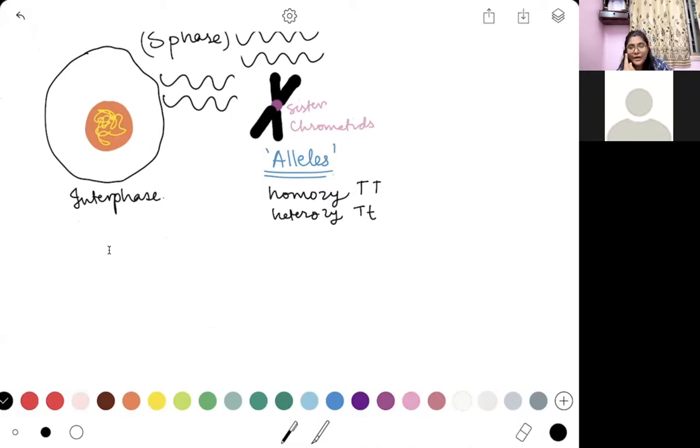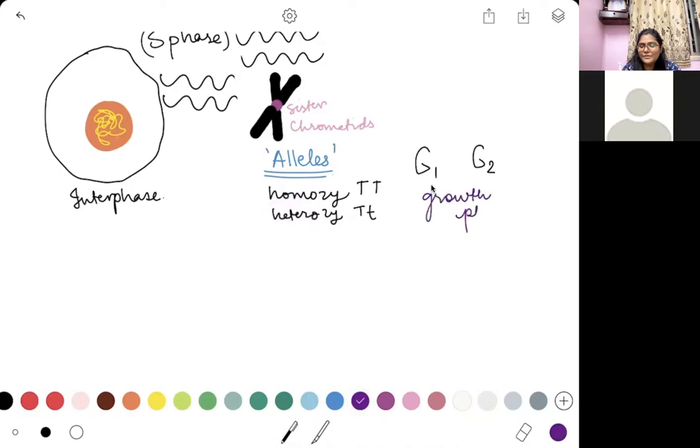Now once you understand that this is what your cell is undertaking, once it has decided to undergo the process of cell division, during this entire process your cell also undertakes two other phases, one which is called the G1 phase and the other which is called the G2 phase. G1 and G2 both are nothing but your growth phases.